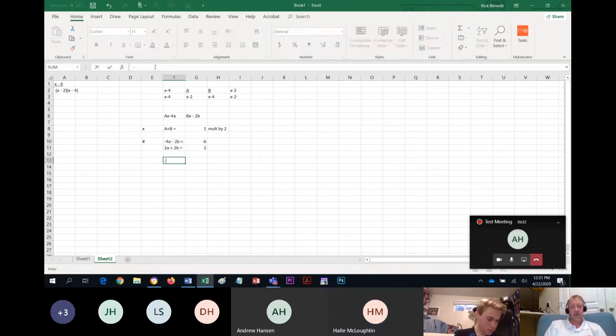I'm going to be left with negative 2A equals negative 6 plus 2 is negative 4. So therefore A equals what? Negative 2. Positive 2. That makes sense?